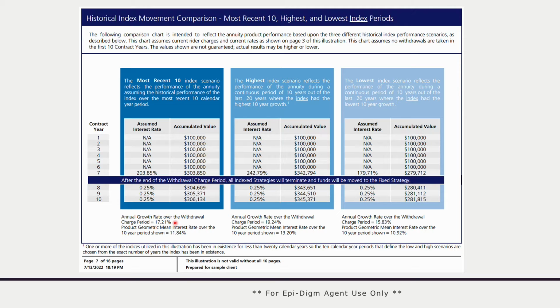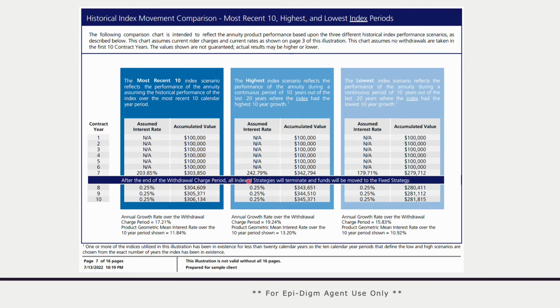So it's almost like you have 17.21% every year for the next 7 years. That's what happened. In the best 7 years, you'll see 100,000 and no growth for 6 years. On the 7th anniversary, this has grown to $342,794.